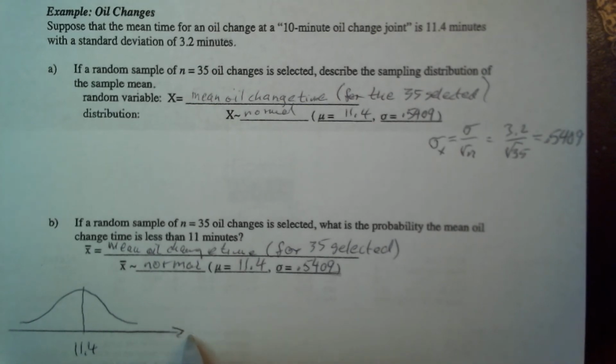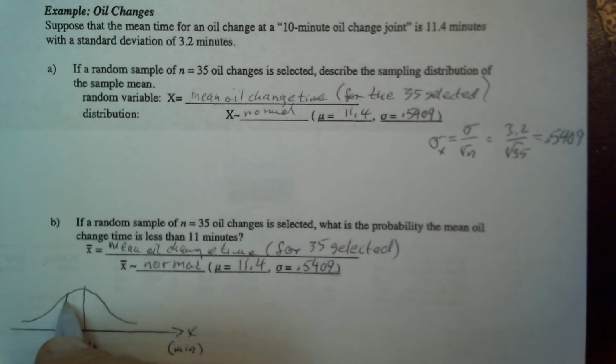Here's our x-axis, and the unit of measure is minutes. And here's 11 minutes. And the question is, what is this area here? What is the probability for this particular area?